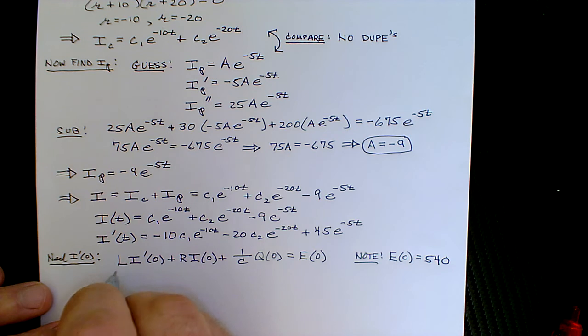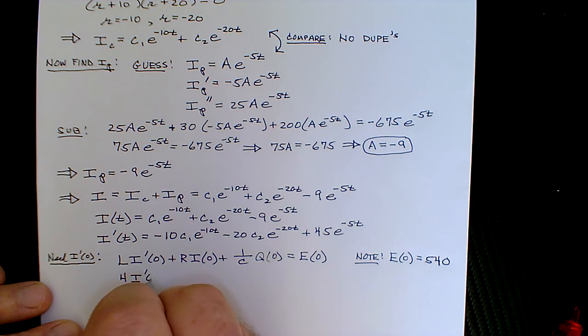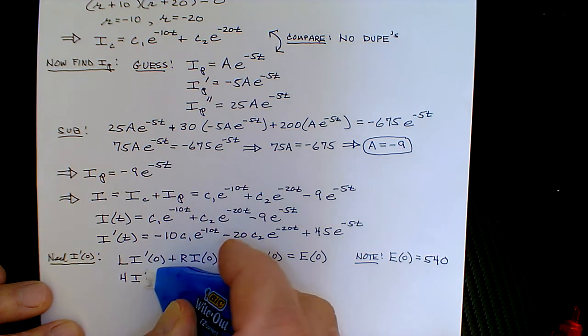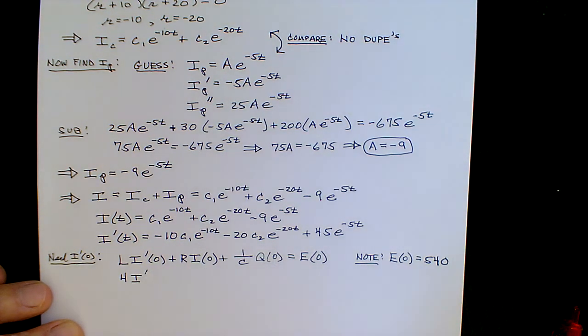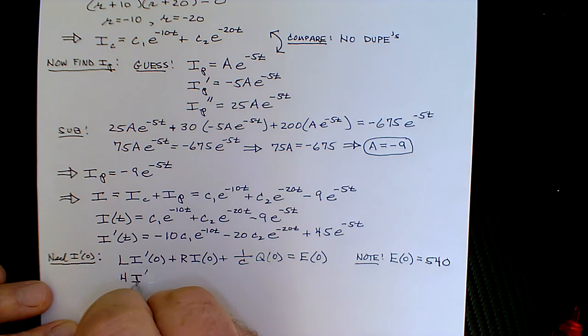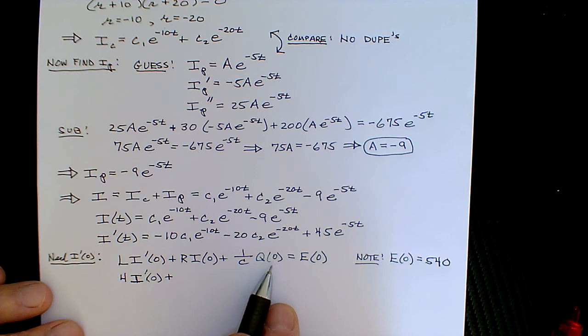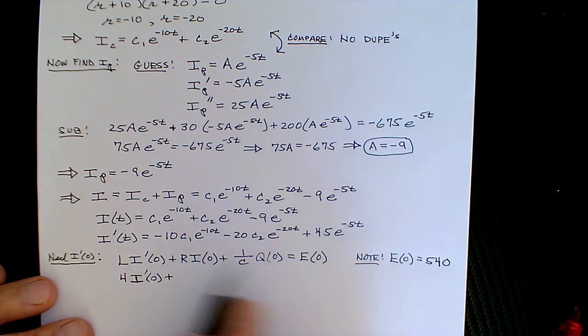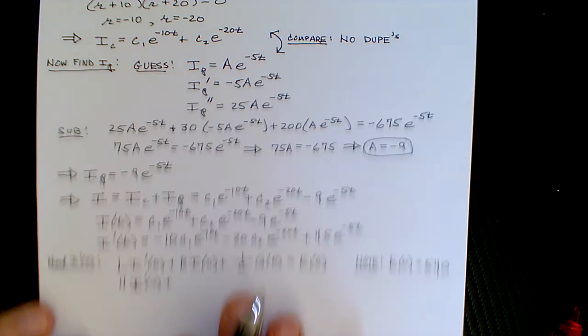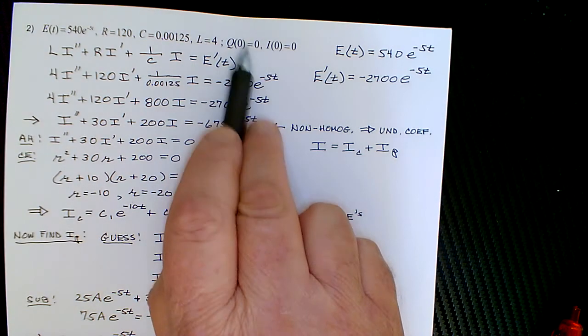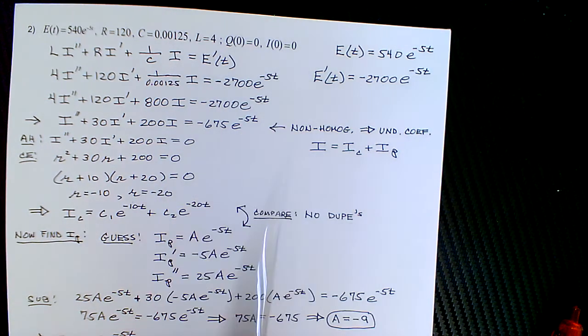Substitute in, L was 4, I prime of 0, that's the only unknown in here that we're looking for, because everything else is a given. And typically, can't say this is true all the time, but typically the I of 0 and the Q of 0 are zeros, and so you really don't even need to show the substitution. I'm going to do it just to be formal, but note that Q of 0 and I of 0 are both zeros.